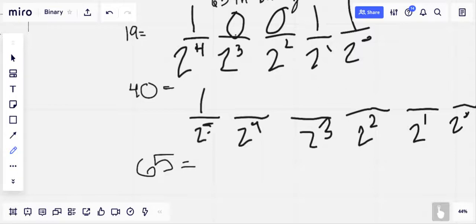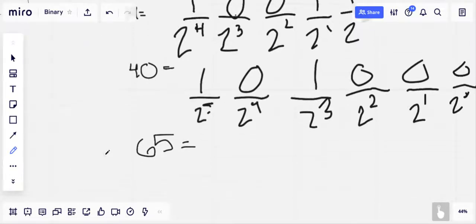Now all we have to represent is 8, because 40 minus 32 is 8. 2 to the power 4 is 16, and that's too much, so we put a 0 here. 2 to the power 3 is 8, and that works perfectly, so we put a 1 here. Then we put zeros on all the remaining values.